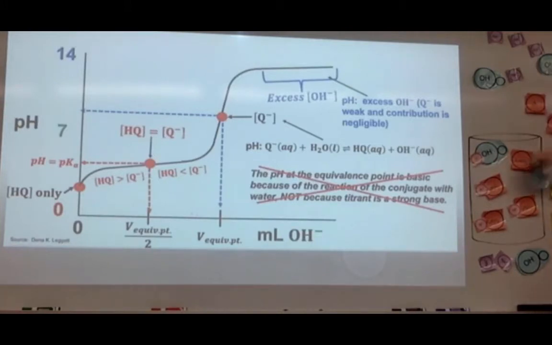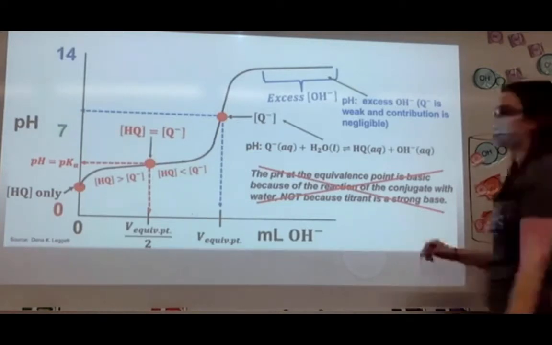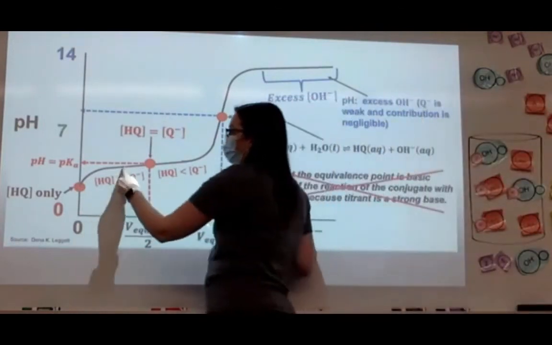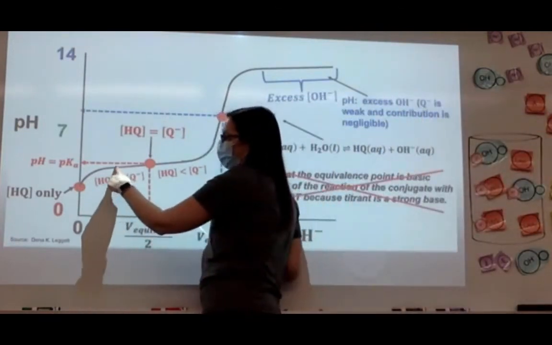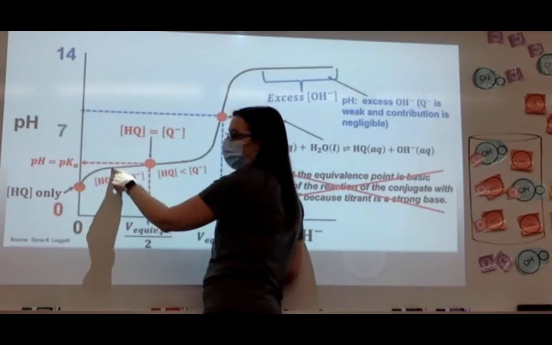I do it again. I have H2O and another acetate. At this point, notice how I have 2 acetate ions and 2 acetic acid molecules. After the first NaOH addition, I was right here. I still had more acid than base.